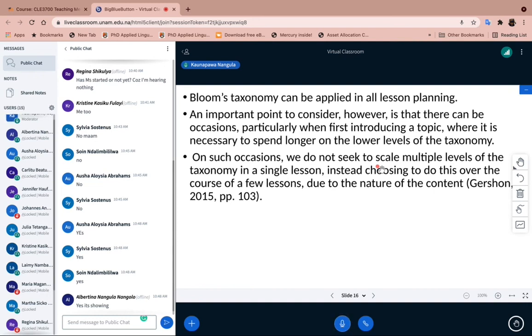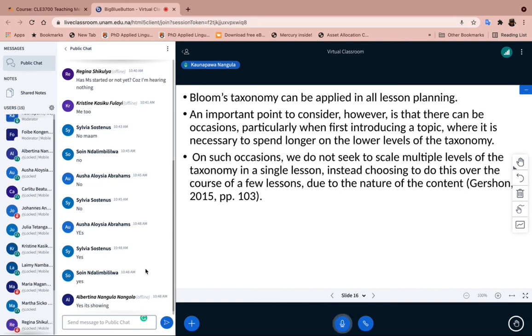When you see that the learners are not doing very well with a higher, more complex cognitive level, you need to dial it down, come back a little, and spend more time there. You'll be the judge of that decision, whether you need to go down to help them understand the topic better before they start applying the information in context. It's up to you to decide how the learners are coping within your lesson.